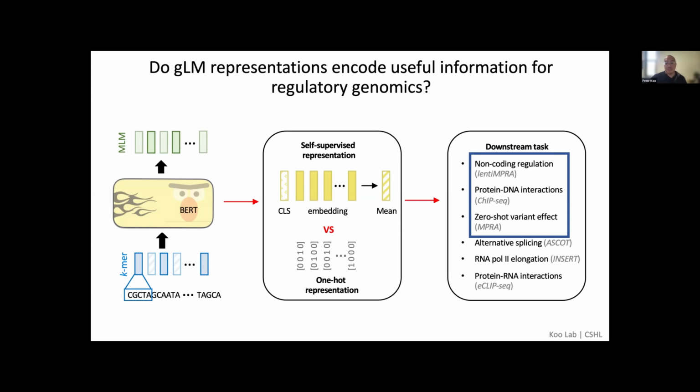And we then use these embeddings as inputs to downstream models to evaluate their performance on functional genomic prediction tasks. And as a baseline, we compare the performance of the gLM embeddings to one-hot encoded representations of the DNA sequences. And our benchmark spans 6 different downstream tasks, but today I will focus on the results from the first 3 tasks.